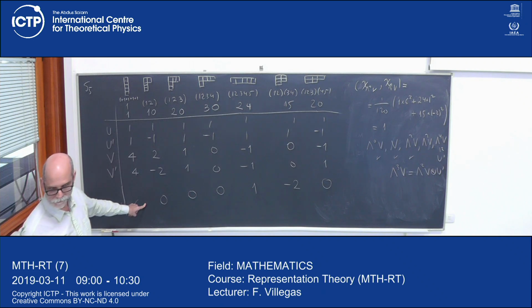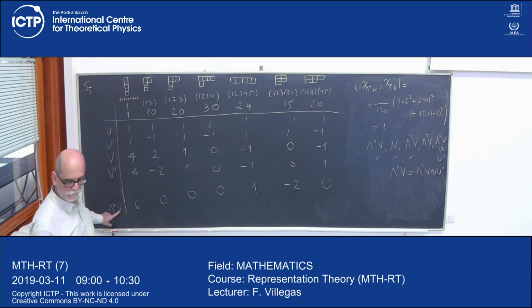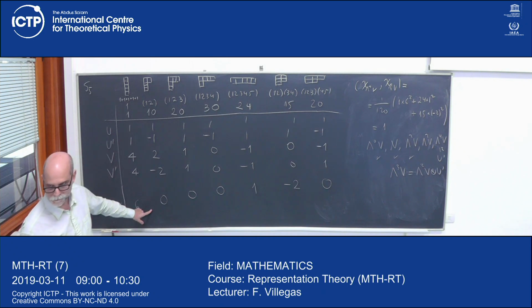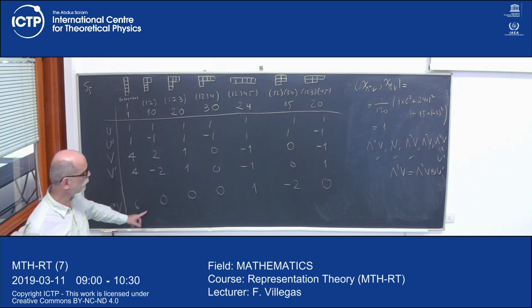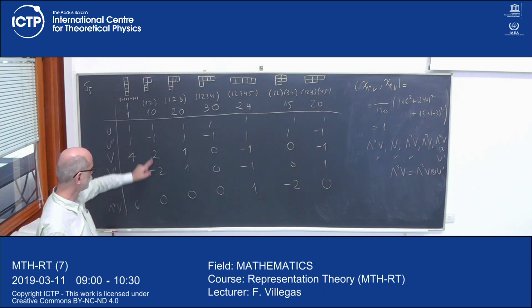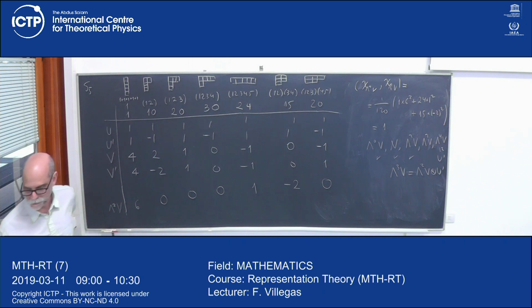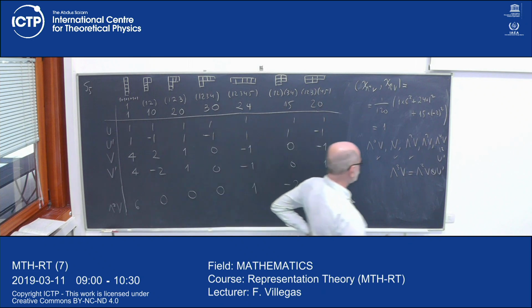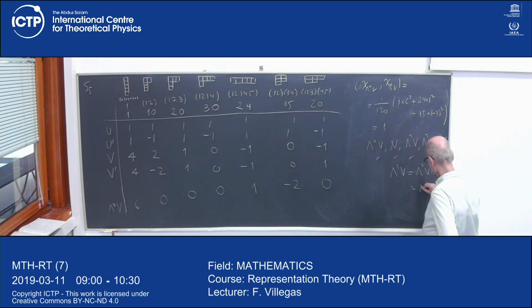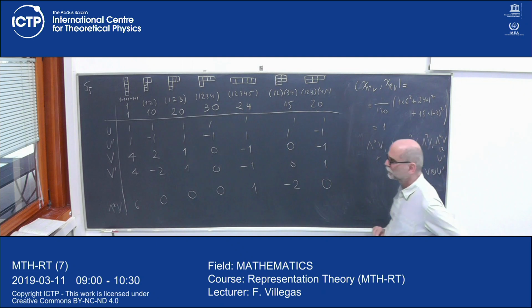Nothing. The tensor product of this representation with the sign is itself, because you can see that every time there's a negative sign, the corresponding value is 0, so multiplying by -1 doesn't do anything. So this is actually isomorphic to wedge 2 in this case. So we don't get a new representation.